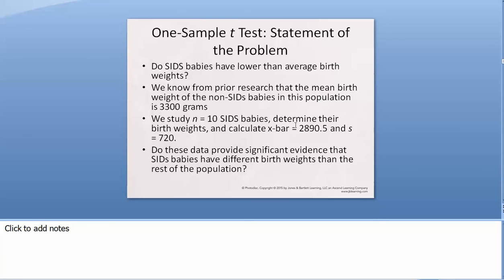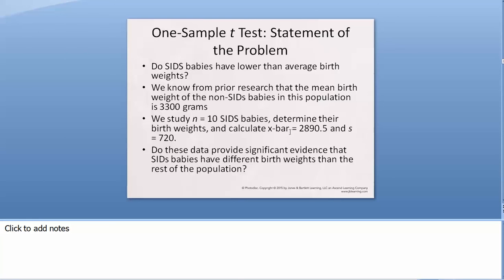Now we determine the mean based on these 10 babies, and we get the sample mean, with a sample standard deviation of 720. Now the question is, does the data from this sample go with this claim or not?